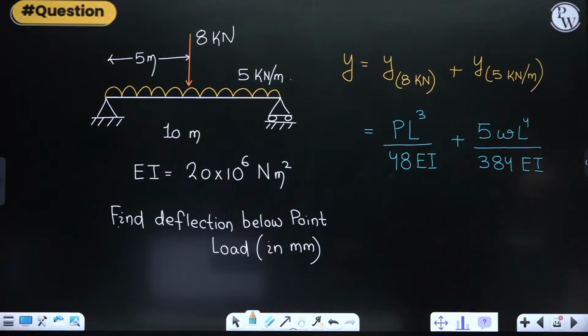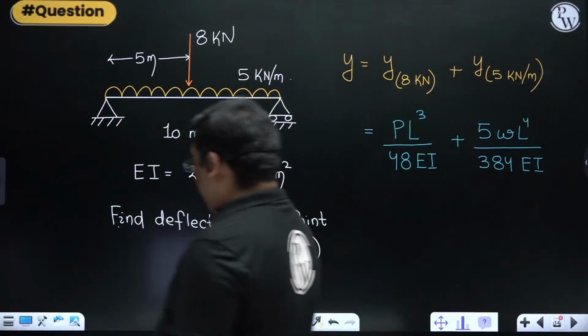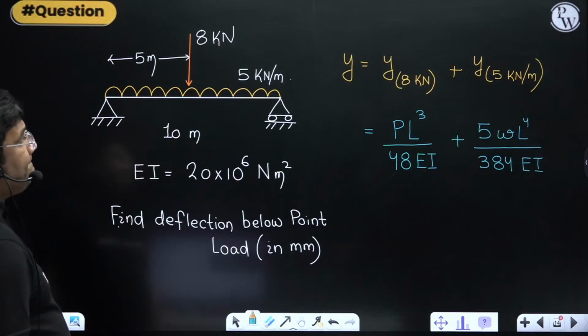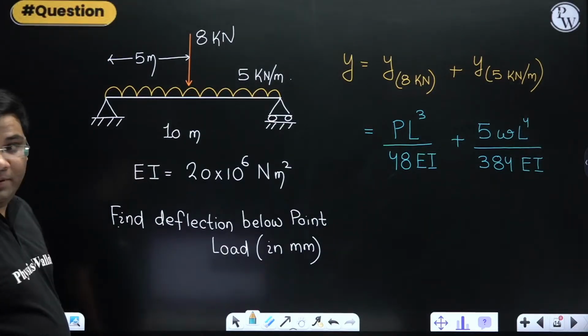Now see, we have to be very careful about the units. It is given in Newton meter square. Now, let me put everything in Newton and meter. That will be better, right?